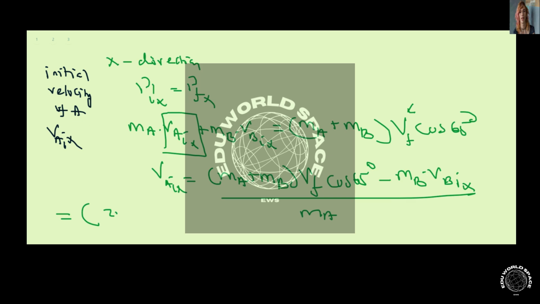So we have 2,000 kilograms plus 1,500 kilograms times 7.1 meters per second, cosine 65, minus mass of B, 1,500 kilograms.